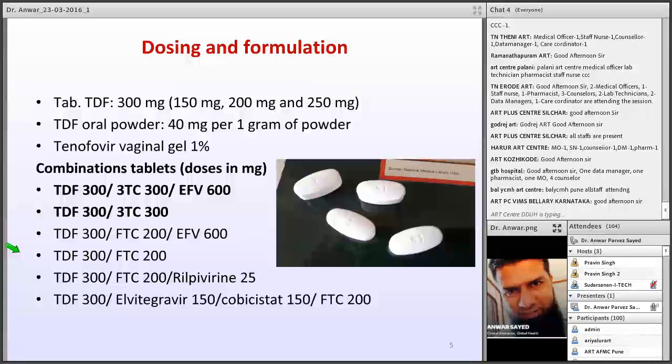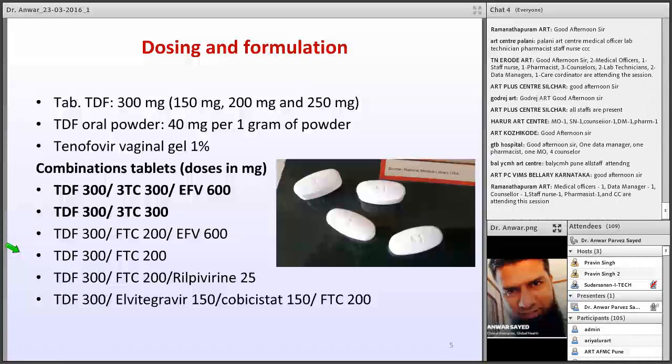As far as dosing is concerned, the two combinations highlighted are available in the national program: tenofovir, lamivudine, efavirenz, and tenofovir and lamivudine. You can also get a single drug, tenofovir 300 milligram, and 150 to 200 are available in the market. Also tenofovir powder for pediatric use, and tenofovir vaginal gel, that is 1% TDF, is used for prevention purposes, again along with other prevention activities.